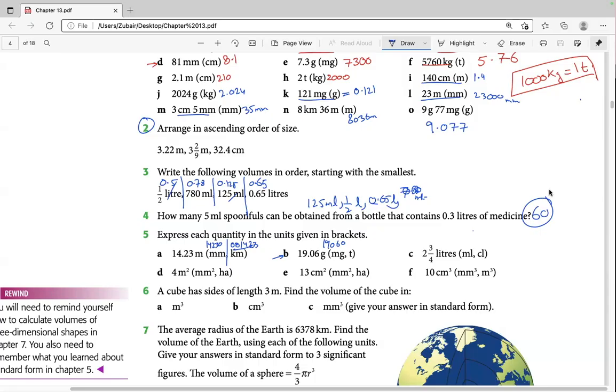Then I also have to divide it by, I think, 1 million. Very good. So for now, may I write 19.06 into 10 raised to the power minus 6? Yes. And the next step, 1.906 into 10 raised to the power minus 5.